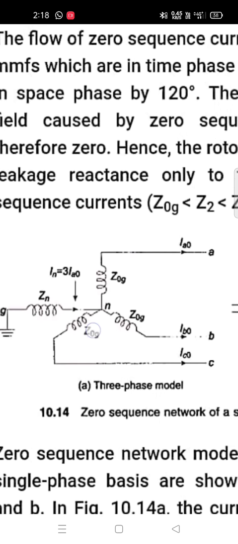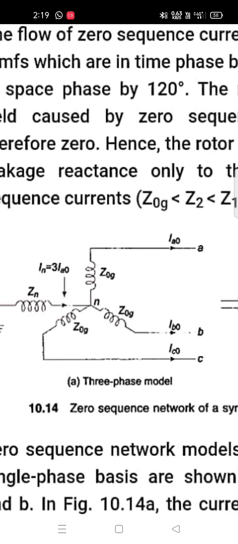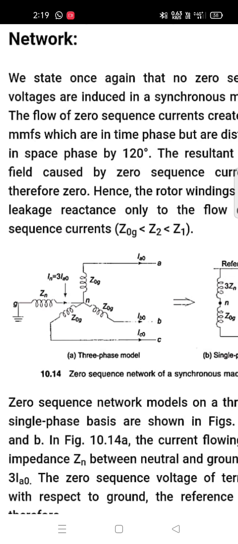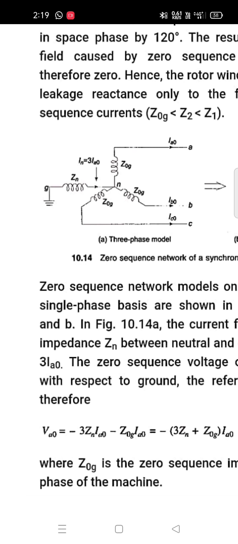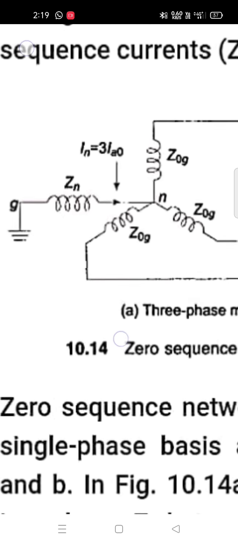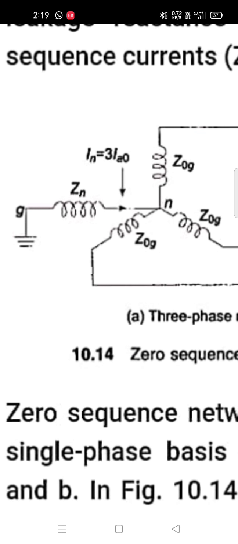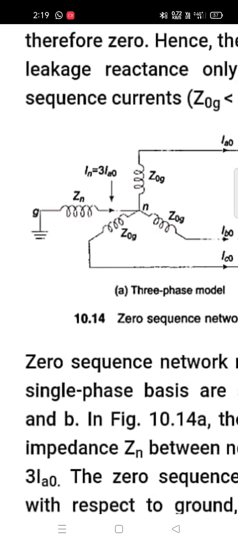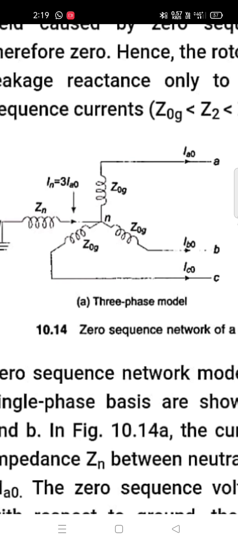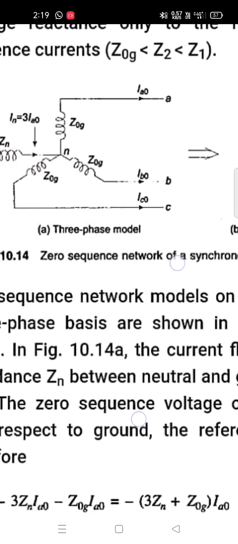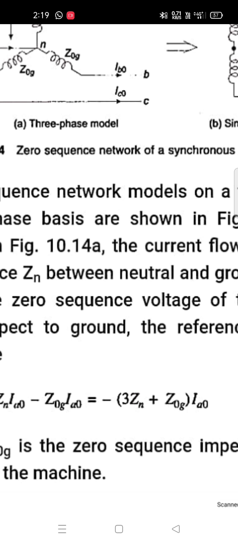So the voltage equation will be equal to minus 3 Zn Ia0 minus Z0G Ia0 for our Va, because both Zn and Z0G impedances are included, and the current flowing in Zn is In, which is 3 times Ia0, and in Z0G it is Ia0. So we can write it as minus Ia0 into the bracket of 3 Zn plus Z0G.